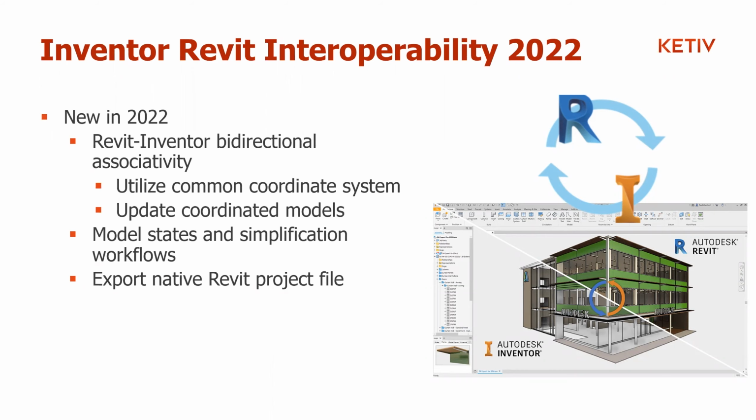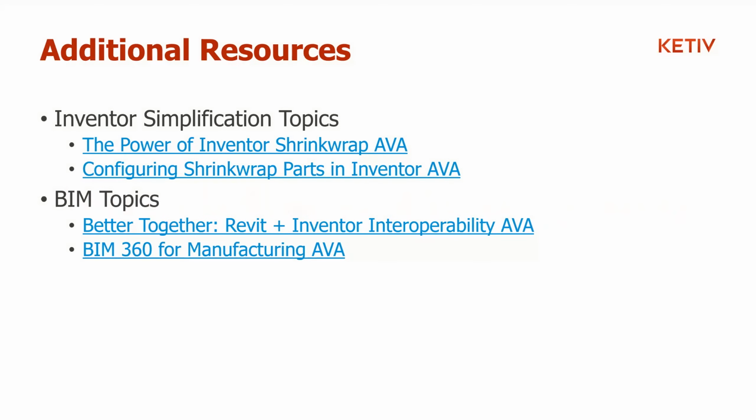Okay. So we'll end up with some additional resources. As I did mention, Justin Chow did go through a little mini series of simplification. So he goes through the process of shrink wrap and configuring some of these shrink wrap parts. I would encourage you all to take a look at those. He goes really in depth with that process.